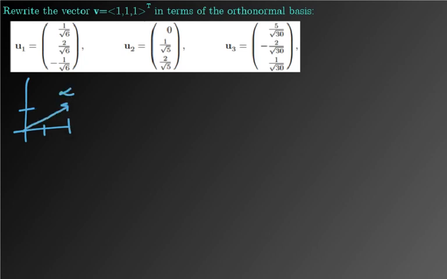So alpha is the vector 2, 1, right? But I can think of the vector 2, 1 as equal to the projection of alpha onto i hat. And then I can add to that the projection of alpha onto j hat, right?